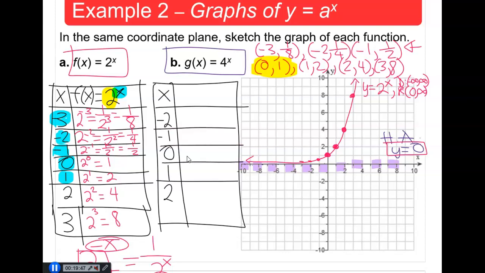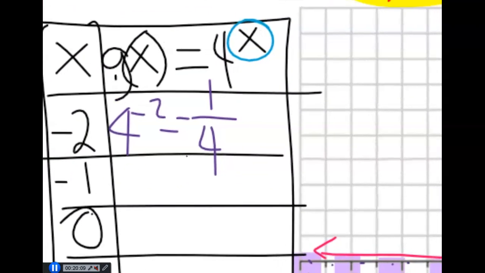So now our graph for g of x is 4 to the power x, so we will still be substituting where the x is, but now the base has changed to 4. So 4 to the power negative 2 is going to be 1 over 4 to the power positive 2. I actually need to zoom in here.